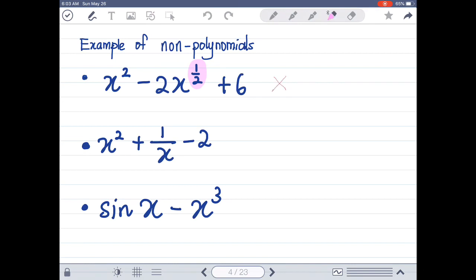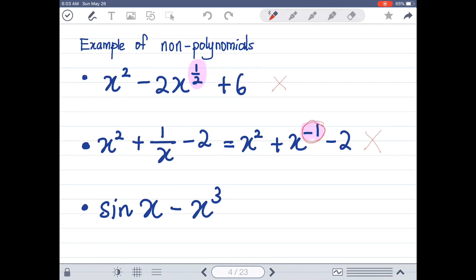If you look at the second example, we have x squared plus 1 over x minus 2. If I rewrite this expression, it becomes x squared plus x to the power of negative 1 minus 2. Here we have the power of x equals negative 1. So this is another example of a non-polynomial because n is a negative integer.